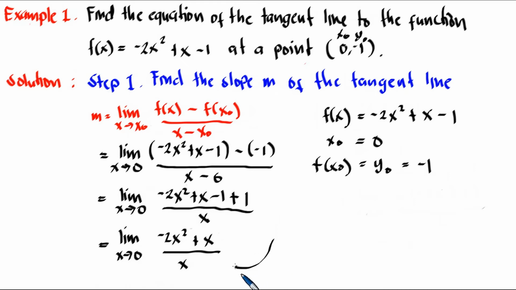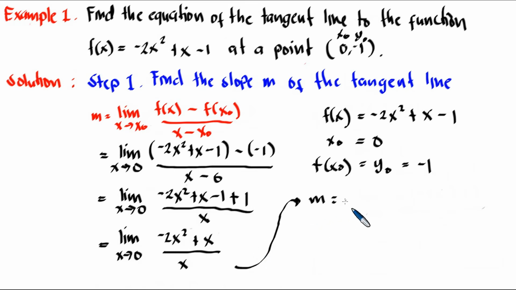So what we are going to do is factor out our numerator. The GCF of 2x squared and x is just x.